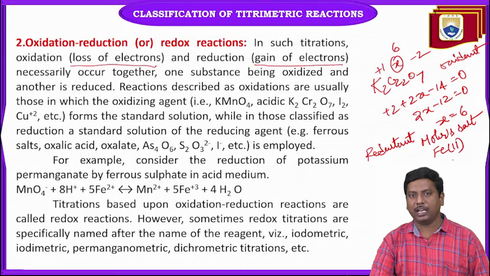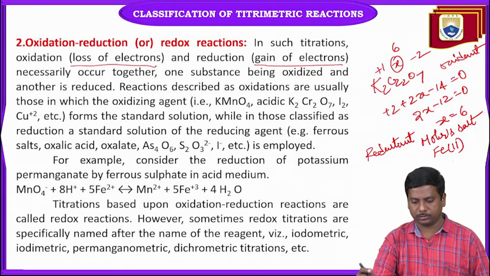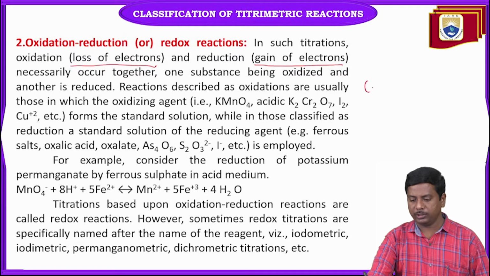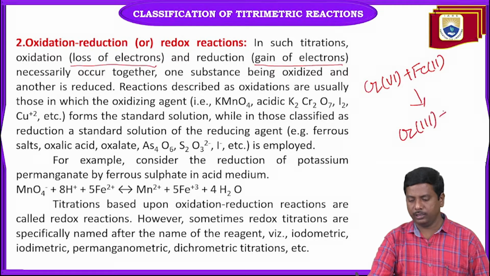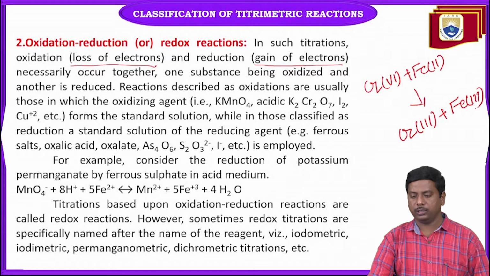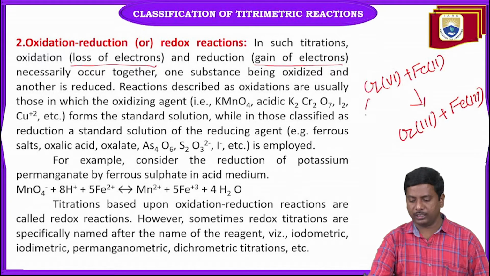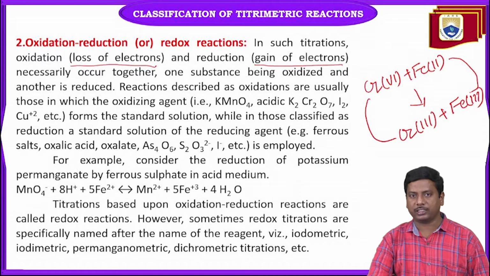Now we see the reaction between chromium 6 and ferrous salts. Chromium 6 reacts with iron 2 to give chromium 3 and iron 3. Chromium 6 to chromium 3 reaction takes place, and iron 2 to iron 3 reaction takes place.